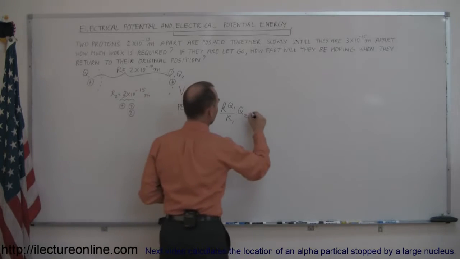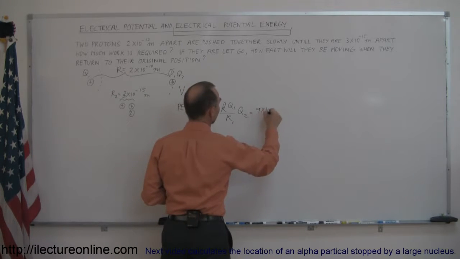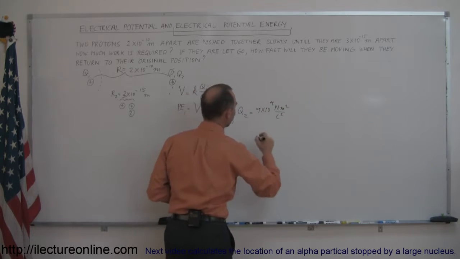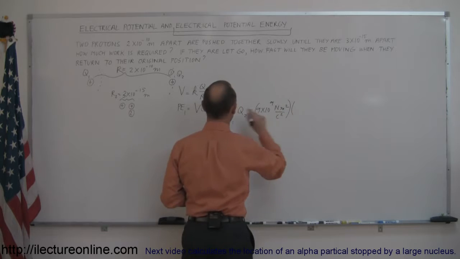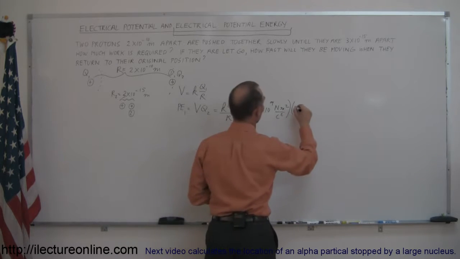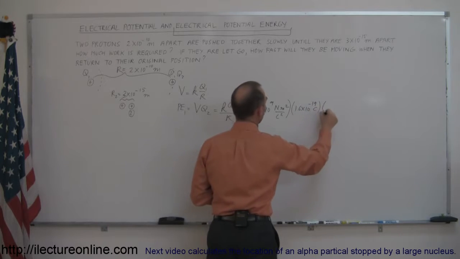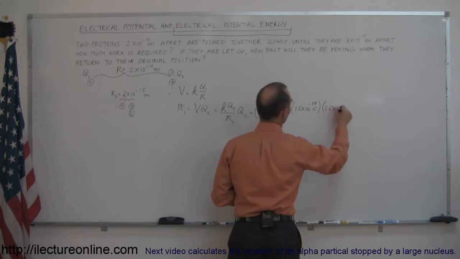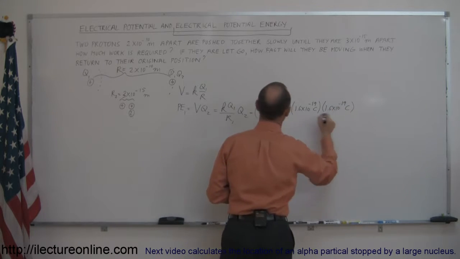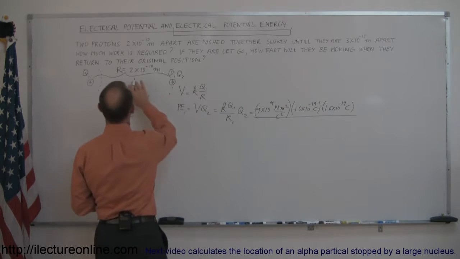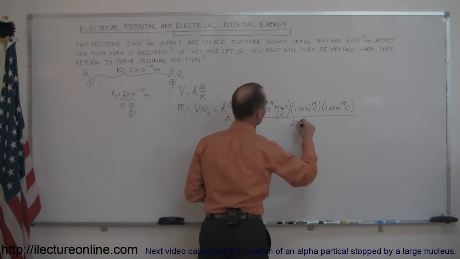So this is equal to 9 times 10 to the 9th newton meters squared per coulomb squared, multiplied by Q1, which is a proton, so that would be 1.6 times 10 to the minus 19 coulombs. And the other charge is also a proton, 1.6 times 10 to the minus 19 coulombs. And take the whole thing and divide it by the distance between them, which is 2 times 10 to the minus 10 meters.